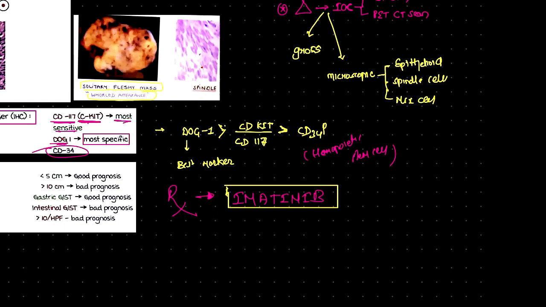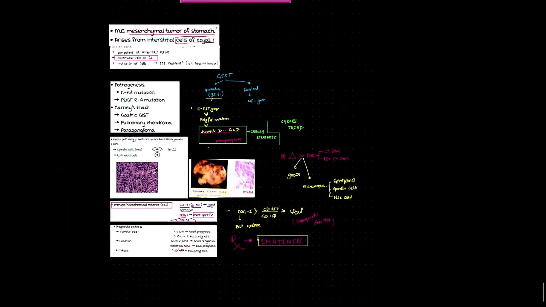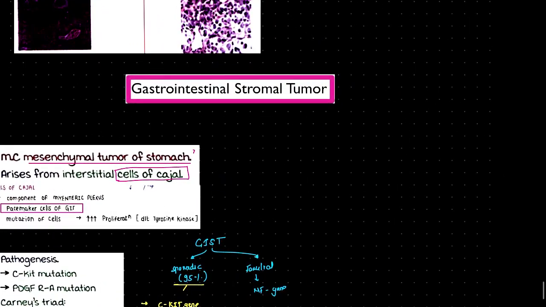lymphomas, right? Another thing I would like to mention: we have mentioned that this gastrointestinal stromal tumor is the most common mesenchymal tumor, right? It is malignant in nature, but it does not have any lymphatic spread.